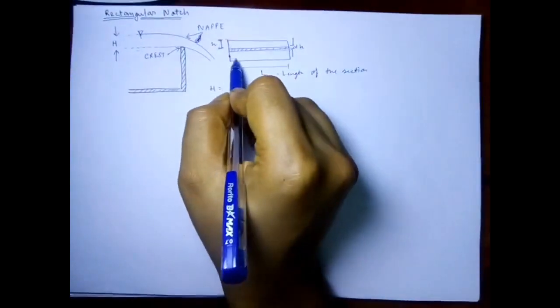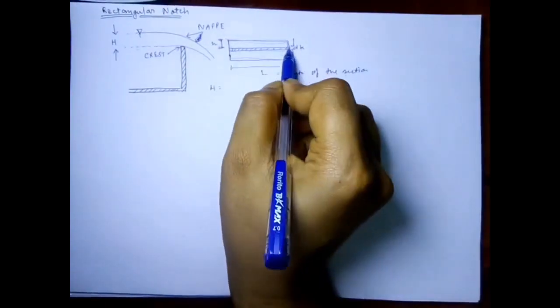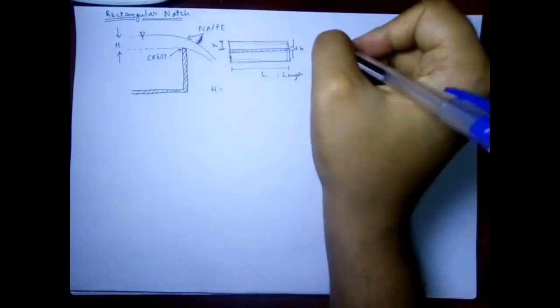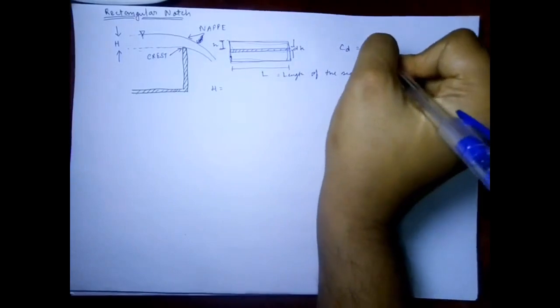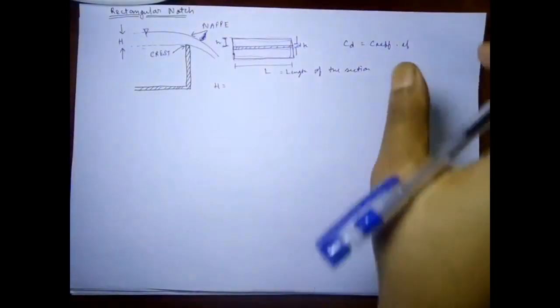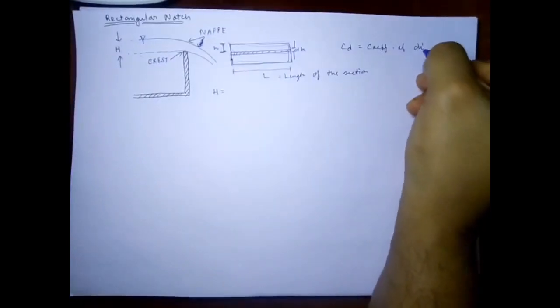So this is basically the section of the water that is flowing outside. And also let us take that CD is the coefficient of discharge.